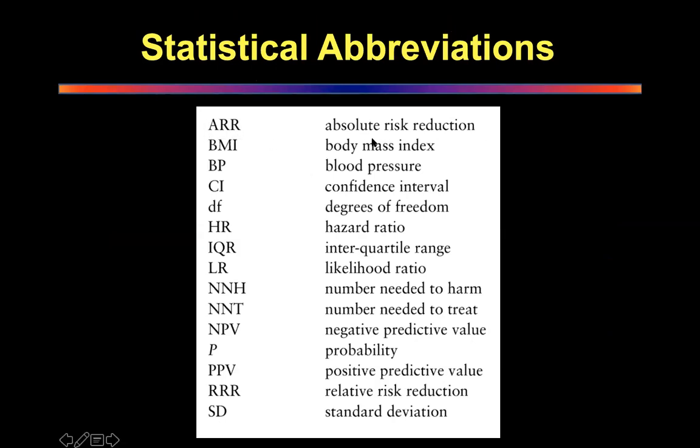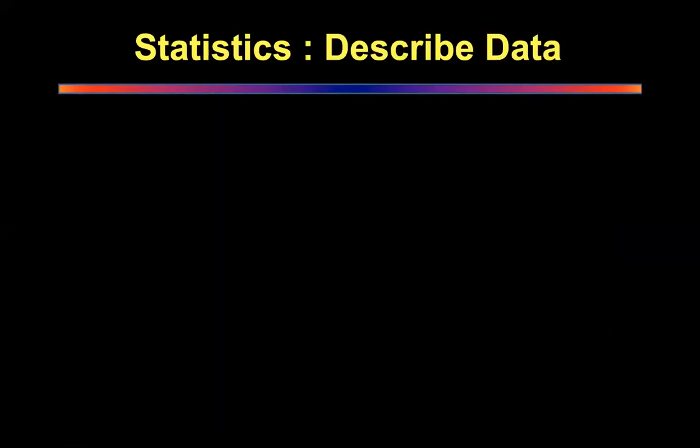So ARR is absolute risk reduction, BMI is body mass index, CI is confidence interval, DF is degrees of freedom, HR is hazard ratio, IQR is interquartile range, LR is likelihood ratio, NNH is numbers needed to harm, NNT is numbers needed to treat, NPV is negative predictive value, P is probability, PPV is positive predictive value, RRR is relative risk reduction, and SD is standard deviation. Whenever you read a paper, very often these are the short forms that are used, and you need to know what we're talking about, okay?